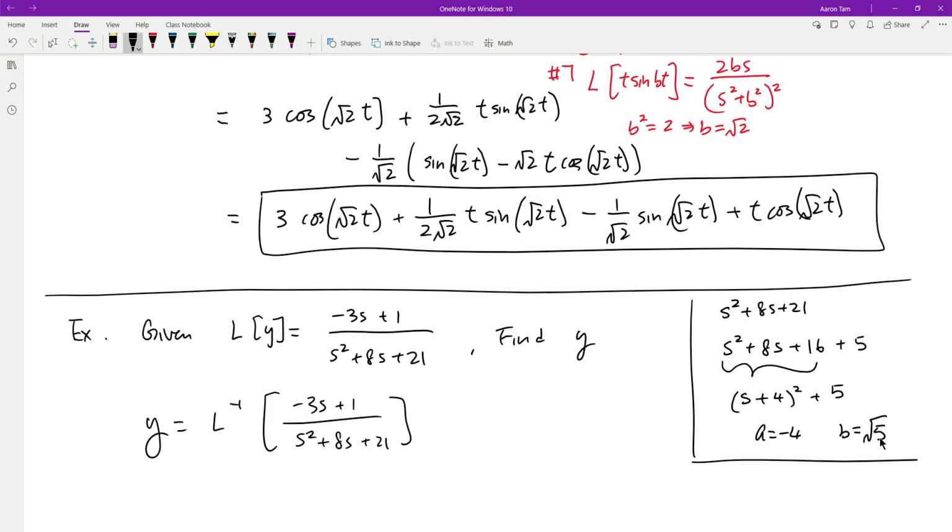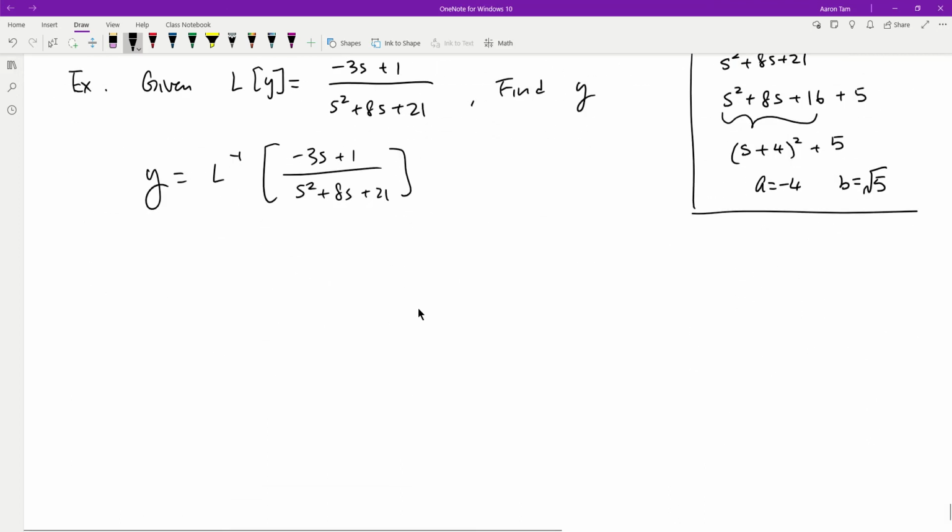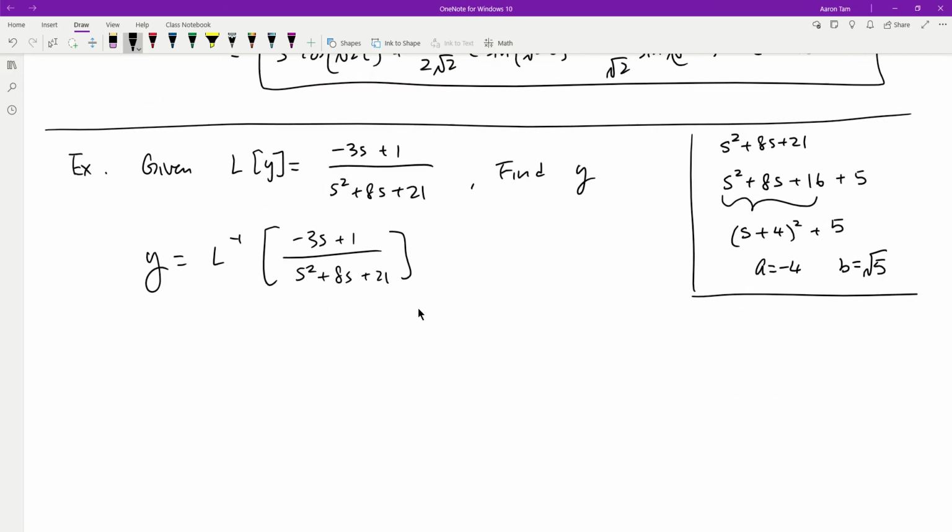So now I'm good, because now what I need is to figure out how to get the numerator to work. What I need would be an s minus a and a b. So that's tough. So how does it work? So now what I have is -3s plus 1.